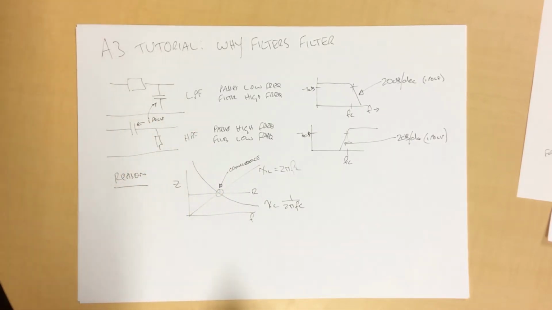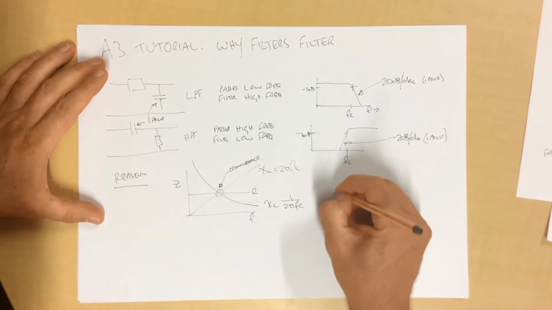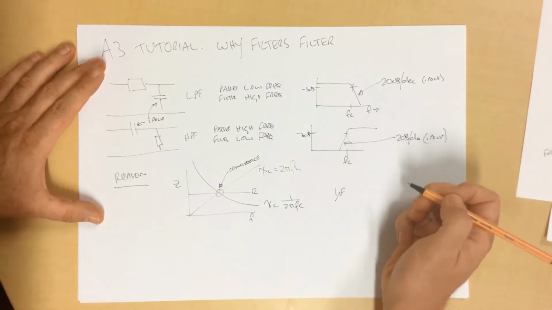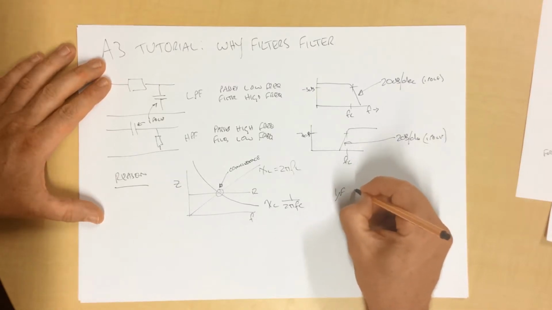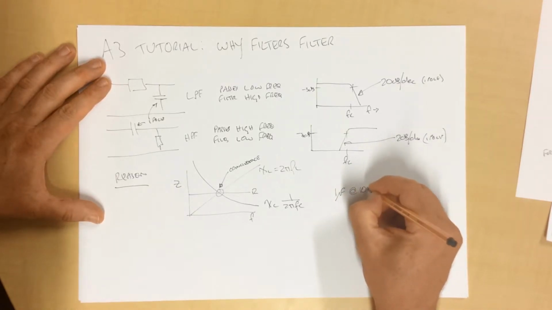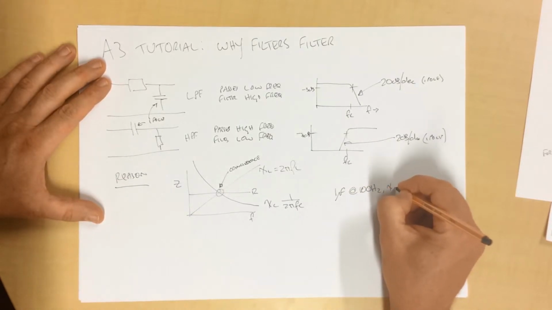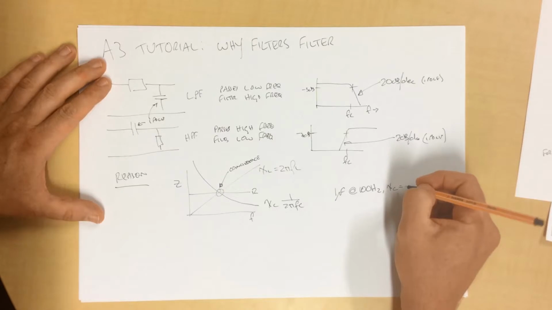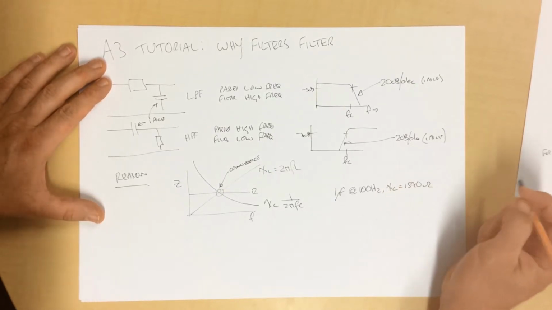Now, let's think about this filter here. Let's apply, for example, 1 microfarad, and we'll pick a couple of frequencies. We'll say 1 microfarad at 100 hertz would have an impedance of round about 1,590 ohms.